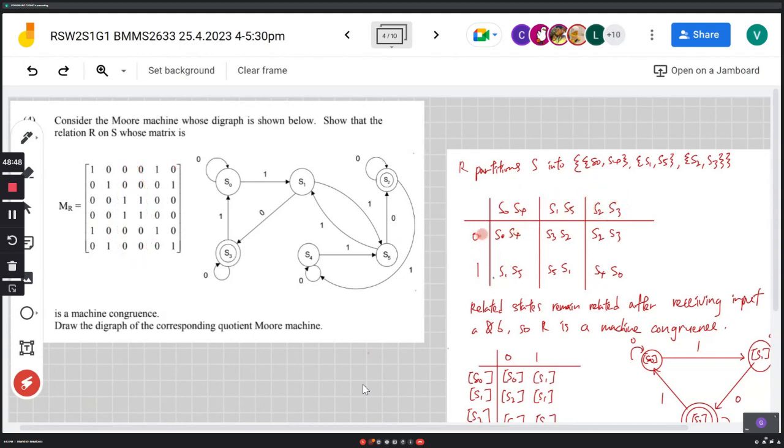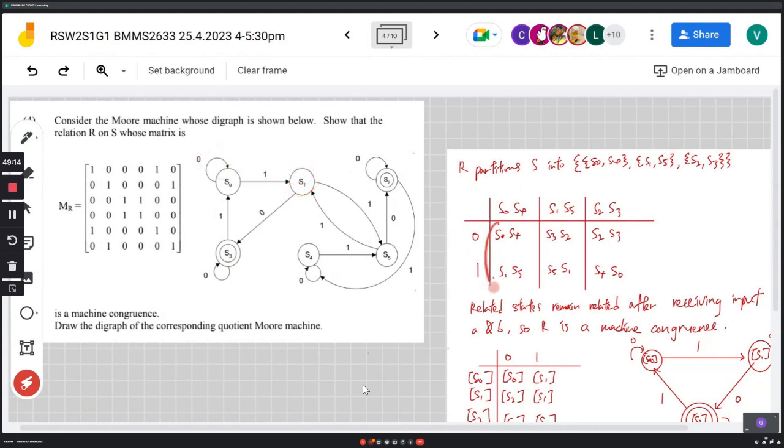Then this input 0 and 1, after the input 0 and 1, so we see from the diagram, if they don't give you the table, they will give you the diagram. So from the diagram, you can see after input 0, what happened to the steps, S0. After the input 1, what happened to the S0? So it will change to S0 and S1.